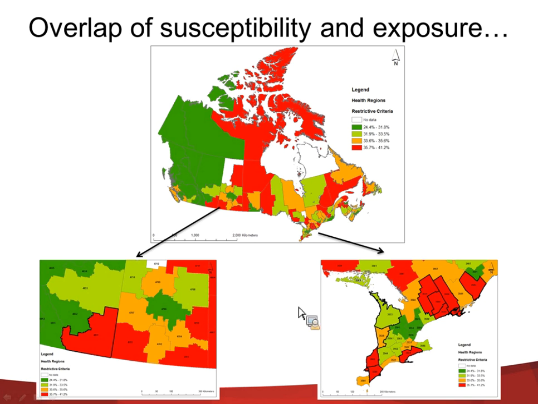Now, there are a couple of areas here that are not shaded red. They weren't in the highest quartile based on the restrictive criteria for susceptibility, but they were based on the more inclusive criteria. And again, all of these health regions are outside of large urban centers.